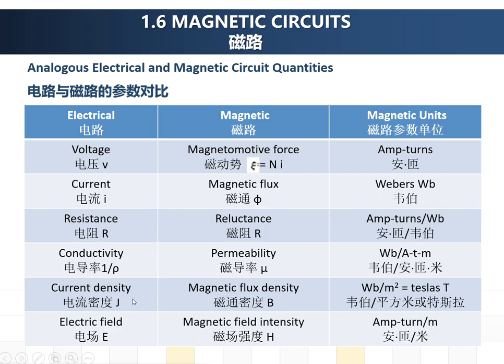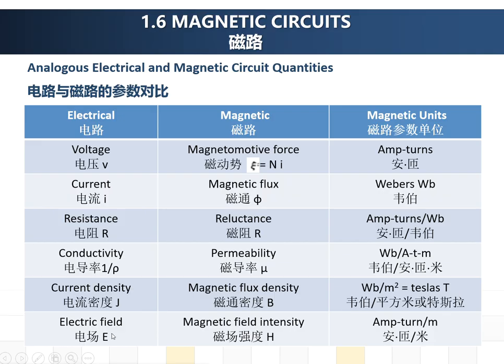Analogous to current density in the electrical circuit, we have magnetic flux density, B. The unit of magnetic flux density B is Weber per square meter, also called Tesla.